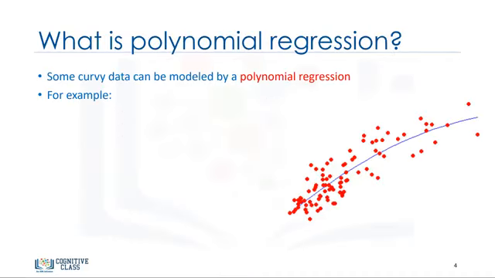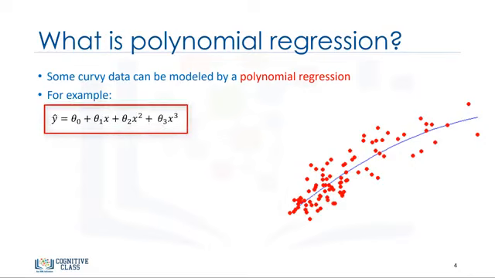So, what is polynomial regression? Polynomial regression fits a curved line to your data. A simple example of a polynomial with degree 3 is shown as y hat equals theta 0 plus theta 1 x plus theta 2 x squared plus theta 3 x cubed, or x to the power of 3, where the thetas are parameters to be estimated that make the model fit the underlying data.